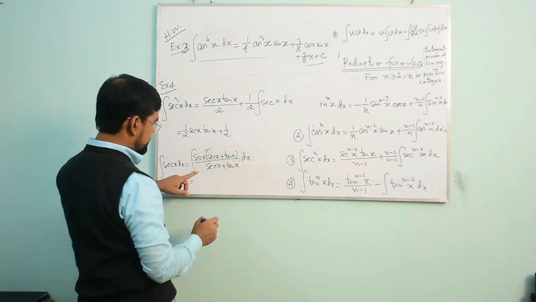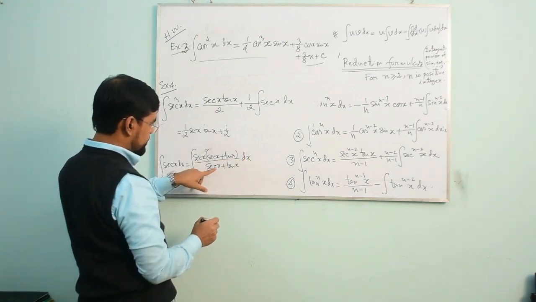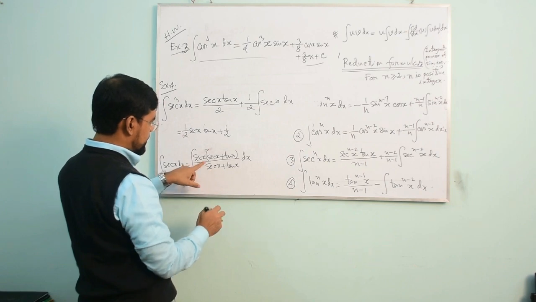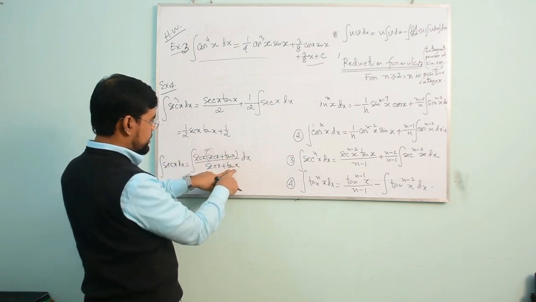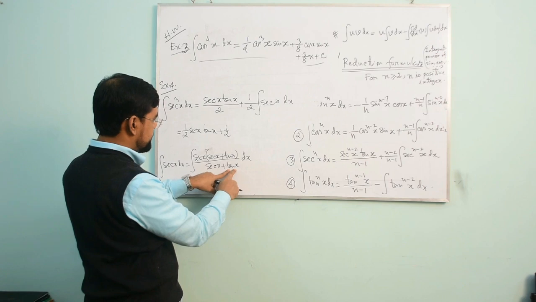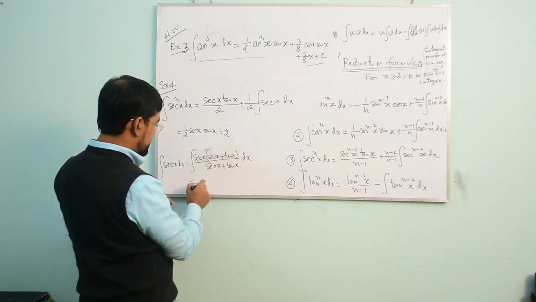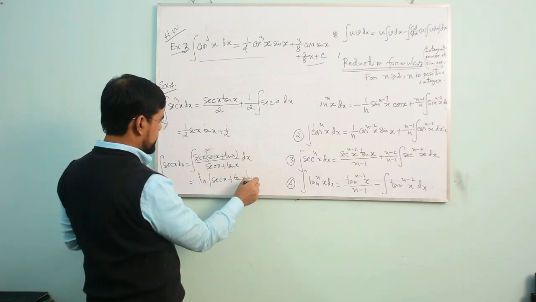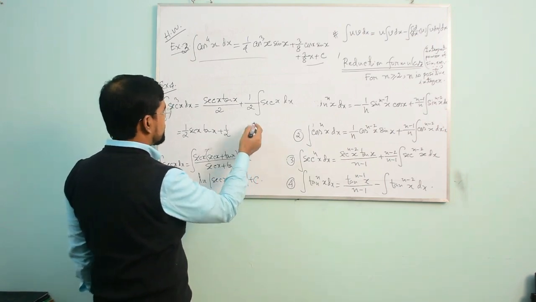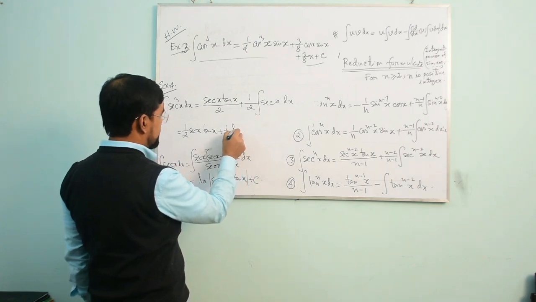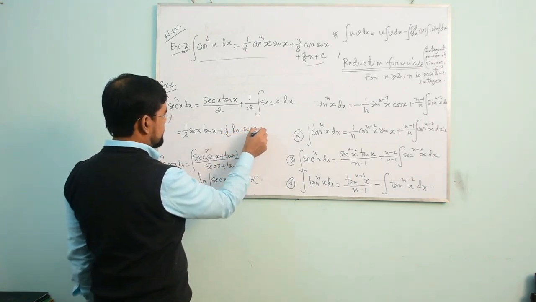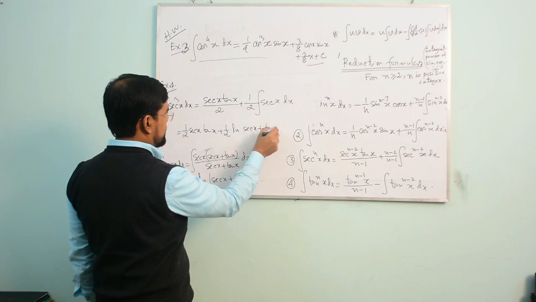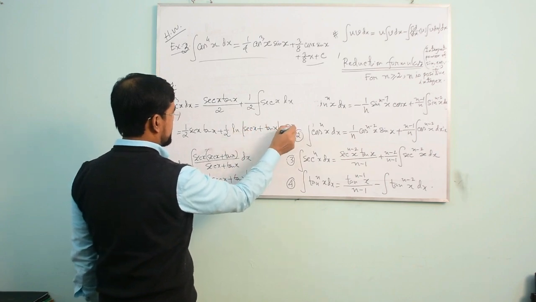You see the derivative of sec x is sec x tan x, and the derivative of tan x equals sec squared x. So we can write ln of sec x plus tan x plus c. So I can write here half ln of sec x plus tan x plus c.